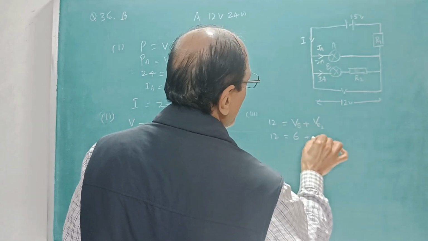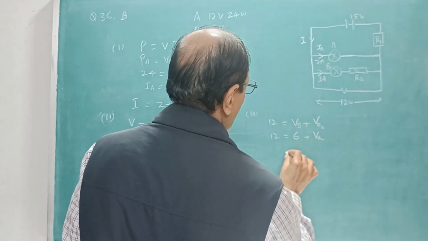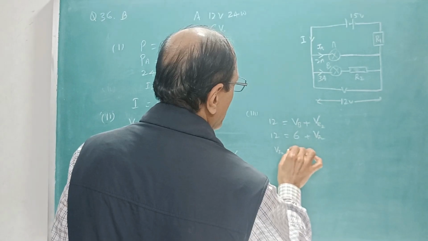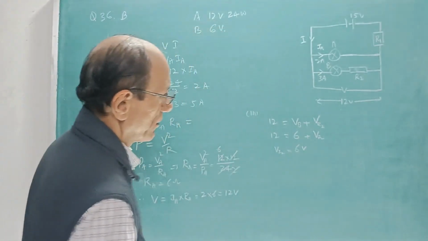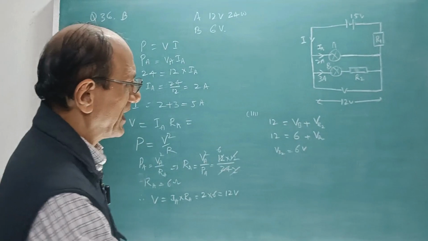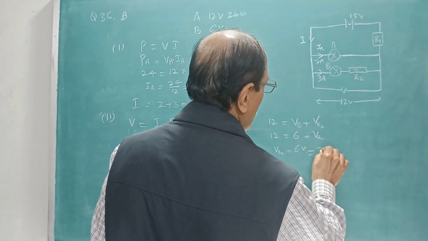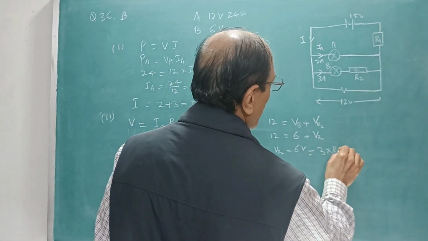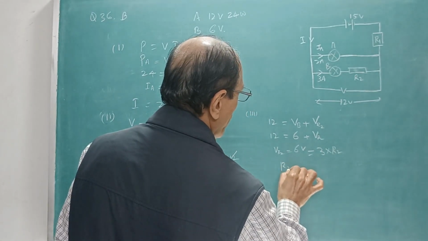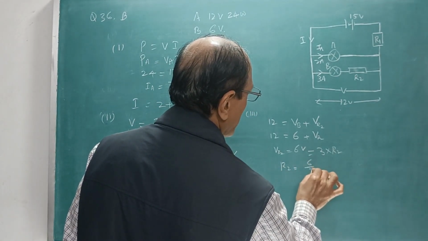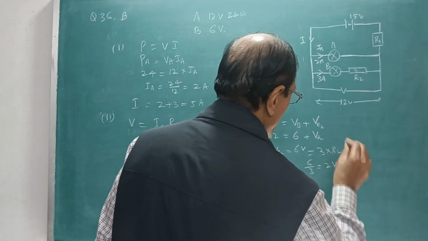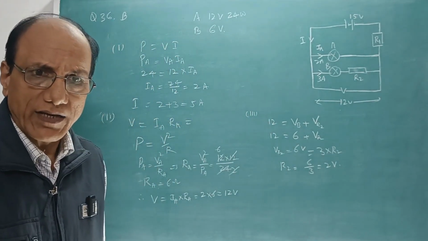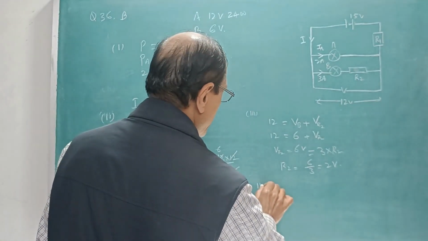So that is equal to VR2. So VR2 is equal to 6 volt, 12 minus 6 is 6. And that is equal to 3 into R2. So R2 will be equal to 6 upon 3, that is 2 ohm.